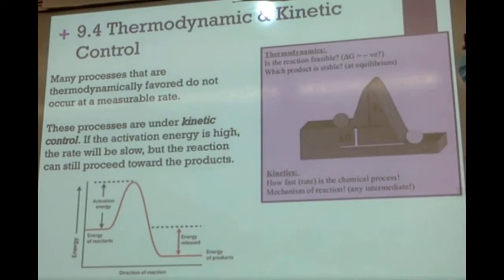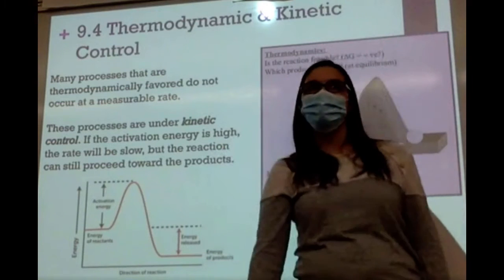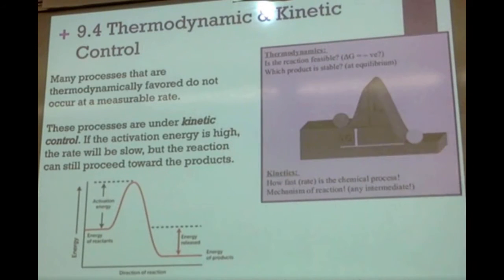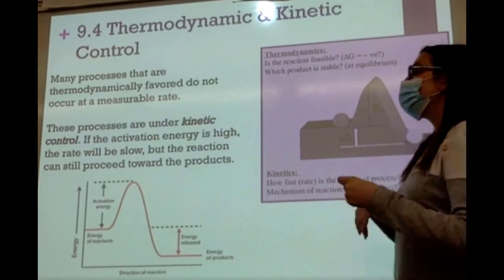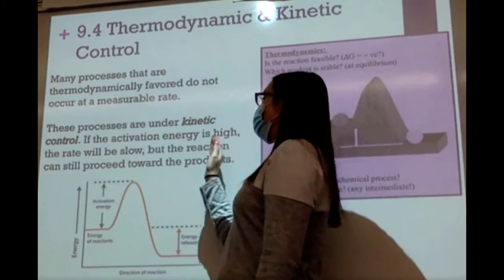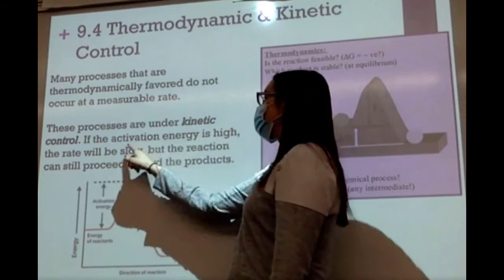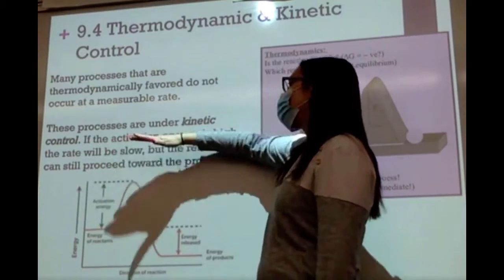If you see a multiple choice question where delta G is negative, and it asks why this reaction doesn't happen, why don't we see the reaction happening? Well, a negative delta G tells us this reaction is favored and will happen on its own. But the reason the rate might be so slow is a high activation energy.